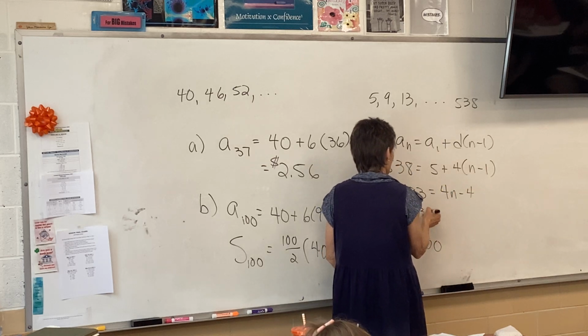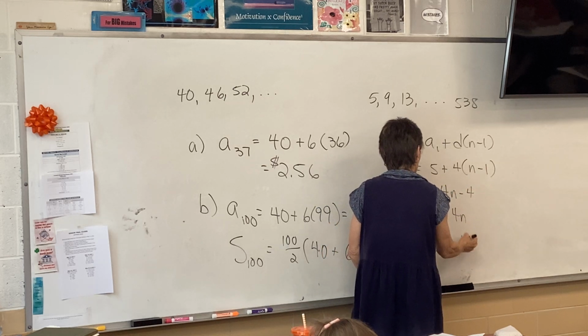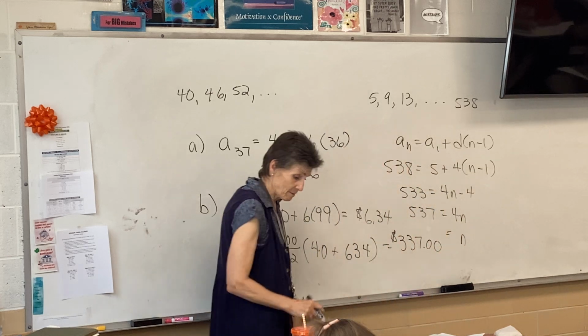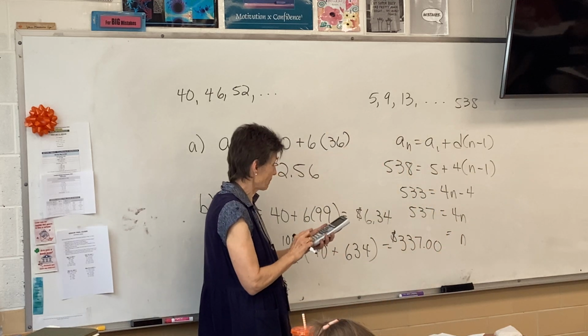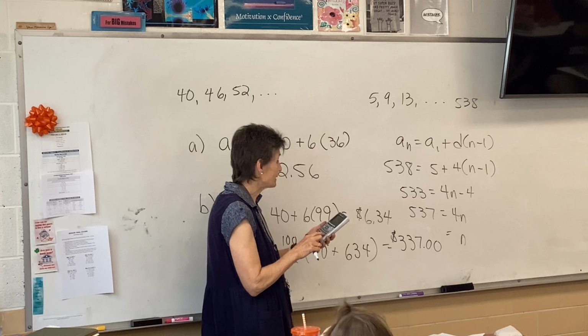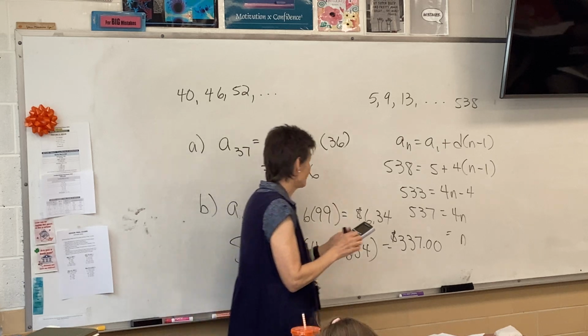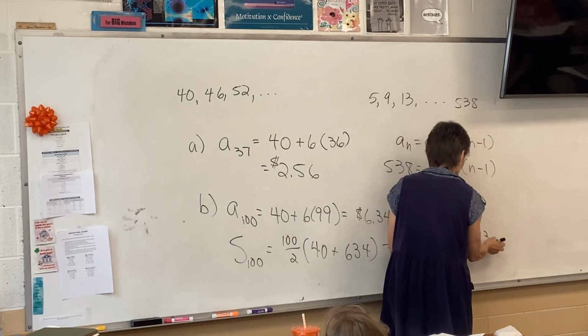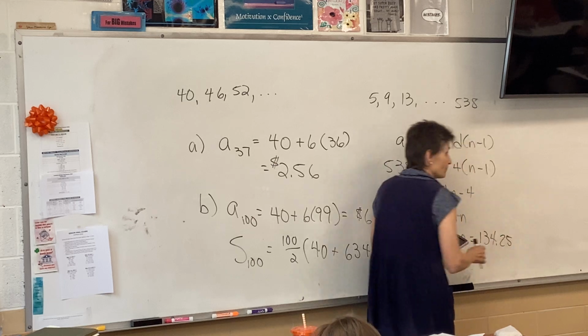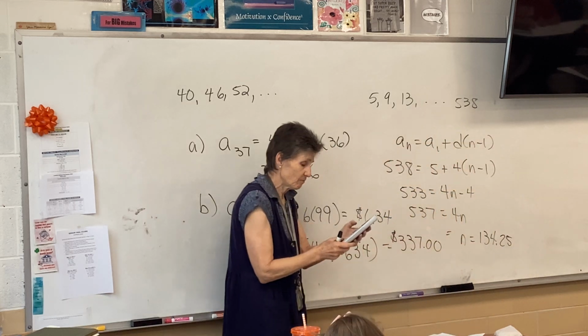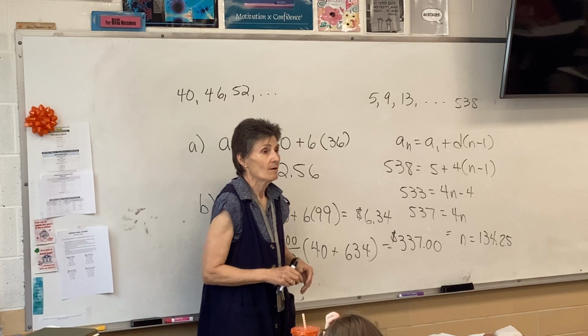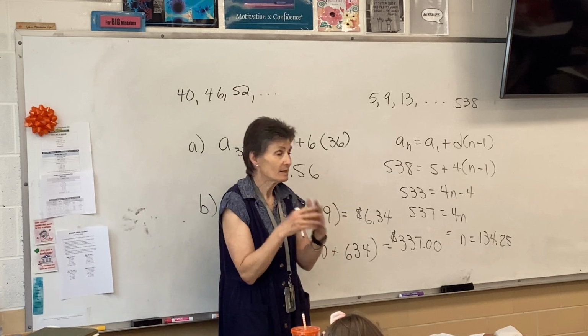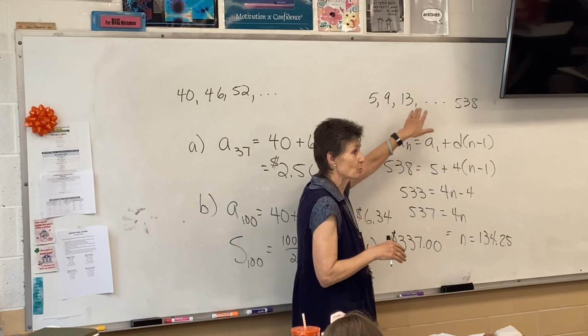I'll add 4. Divide by 4. Exactly, Elijah. Show me. I got 134.25. He didn't follow the plan, because n is the first term, second term, third term.